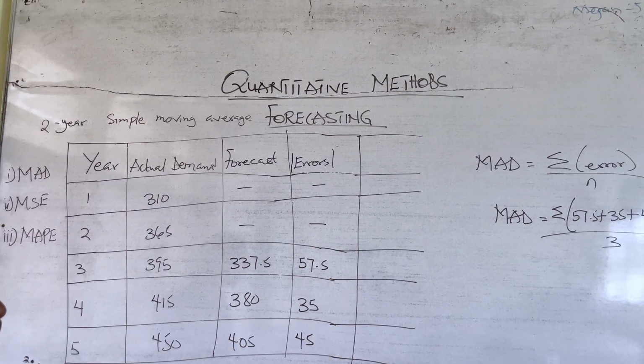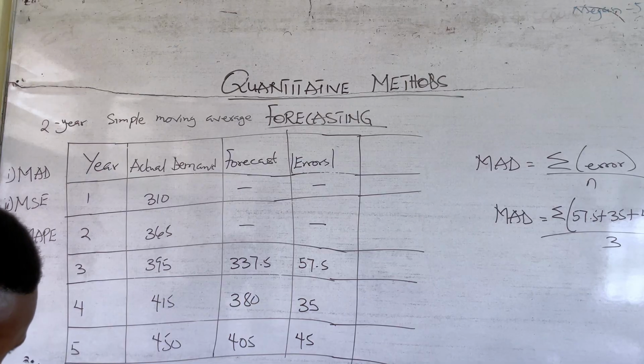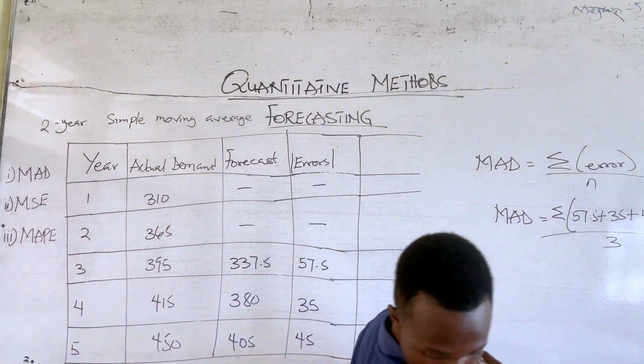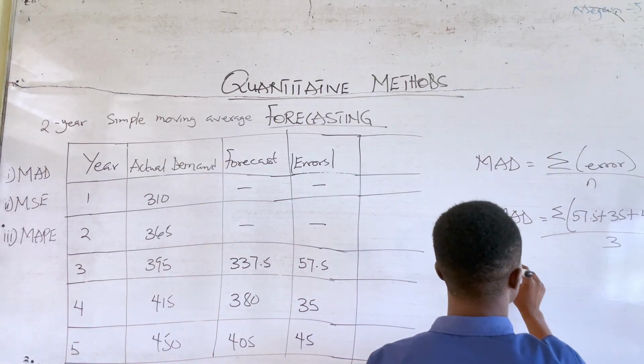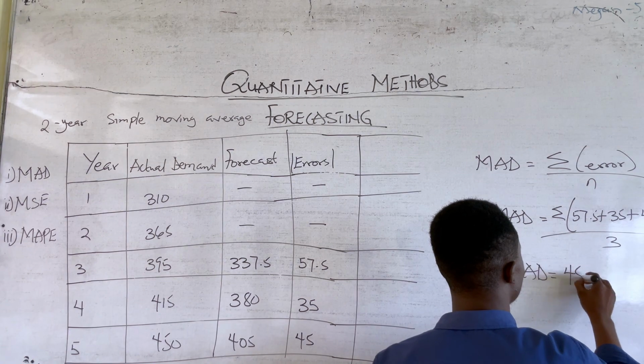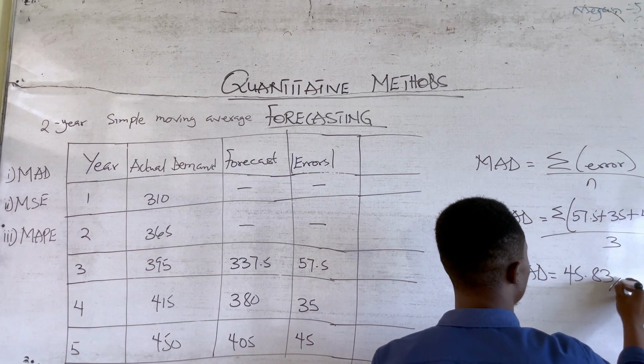So we have 57.5 plus 35 plus what? 45. Divided by 3. Okay. So we have 45.83. So our mean absolute deviation is equal to 45.83.